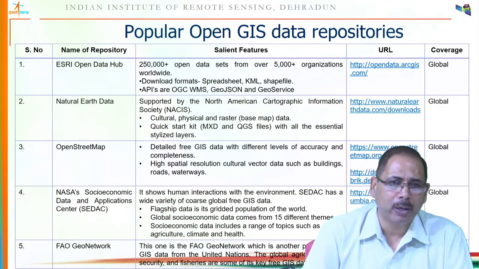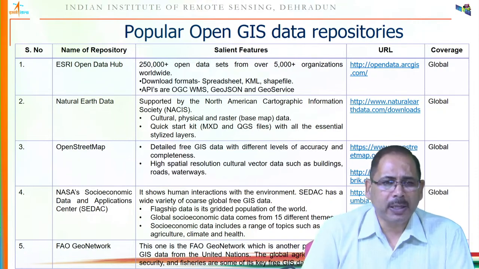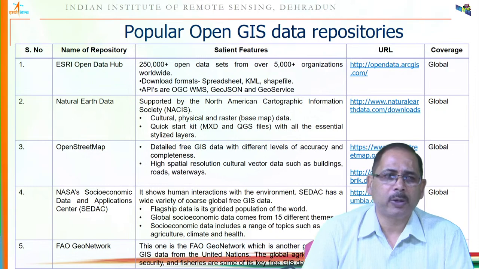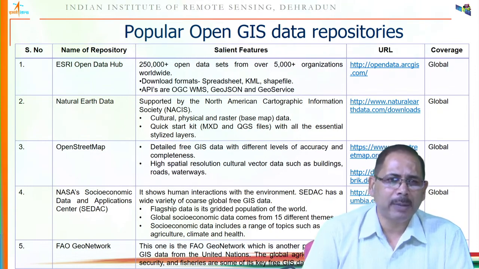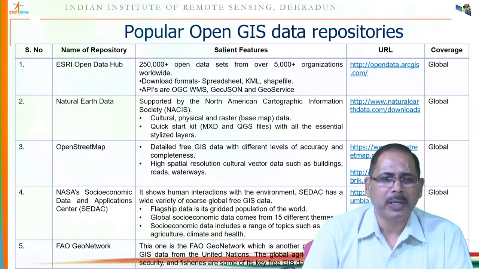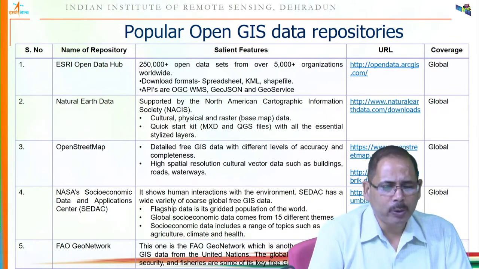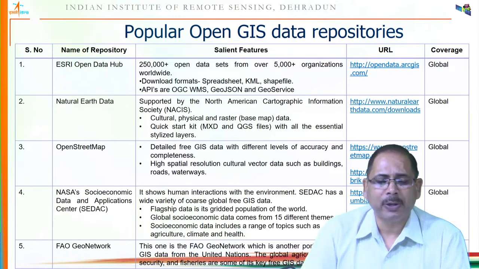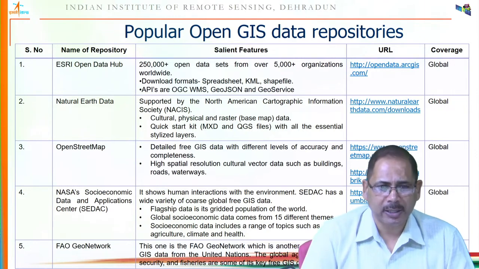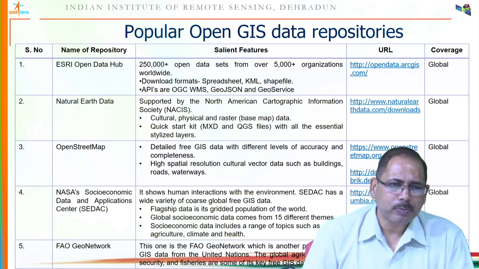They have very good quality products, very popular in the GIS community. But they also host a cloud platform they call the ESRI Open Data Hub. They say that they have 250,000 plus open datasets from around 5,000 plus organizations worldwide, and they offer this data for download either as a zip file, a KML file, or a spreadsheet as an Excel sheet.